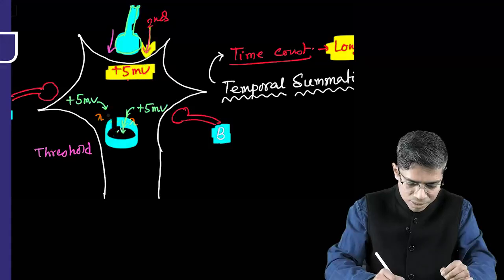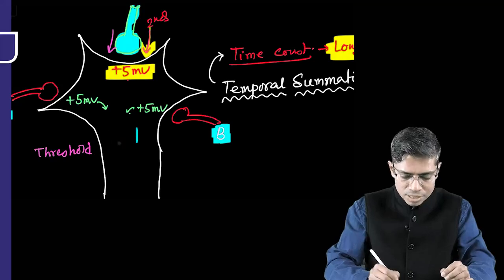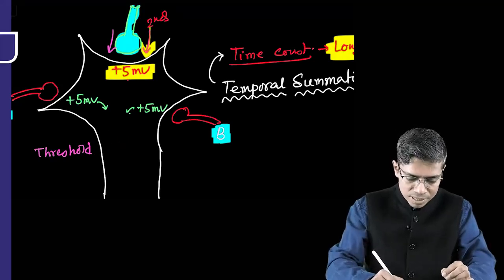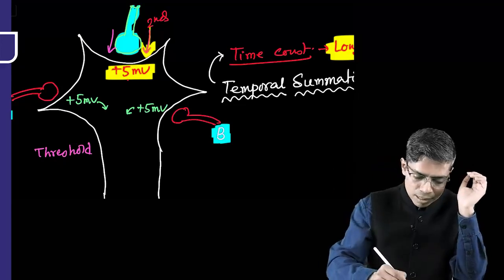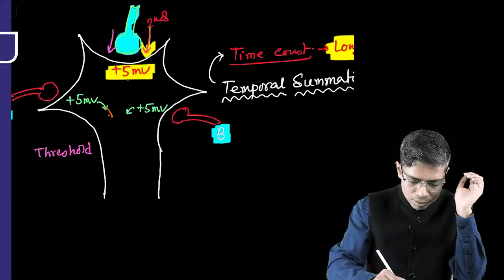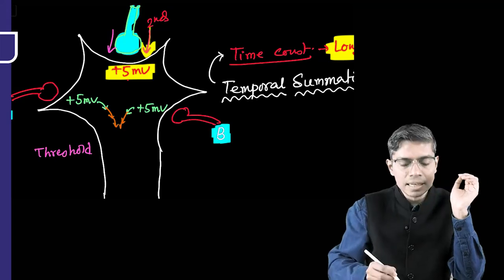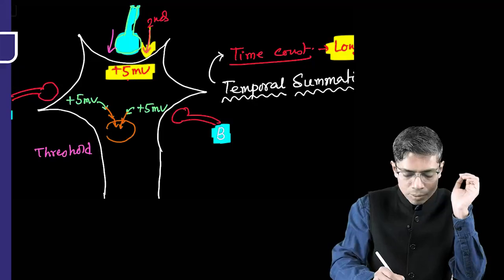Both the local potentials will try to travel, but they will not be able to meet up with one another. But if their length constant is long enough, then it will travel a longer distance, and then they will add up with one another.